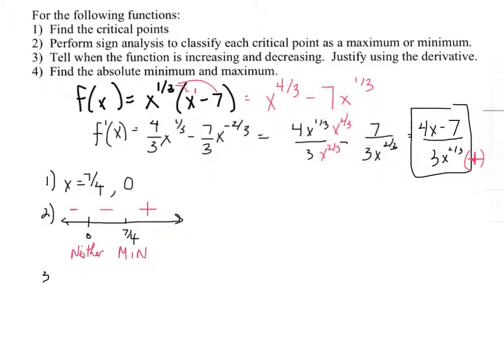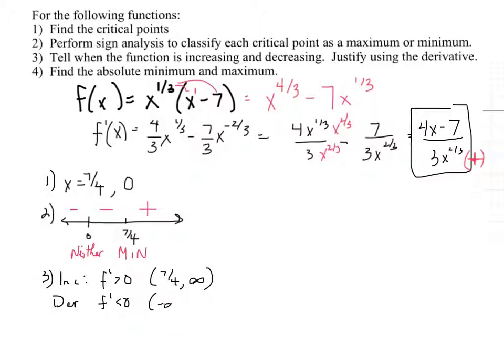Okay. Well, it's increasing when the derivative is positive, so I just want to put that. That's going to be our justification. So we're talking from 7/4 to infinity. We're decreasing when f prime is less than 0.